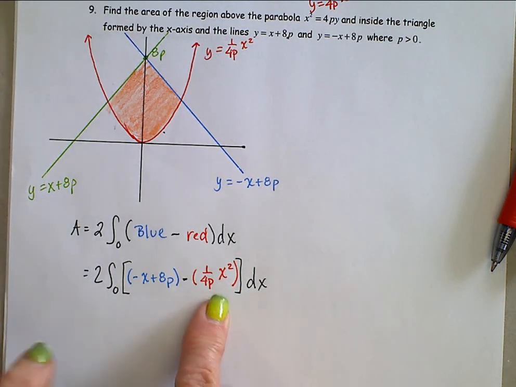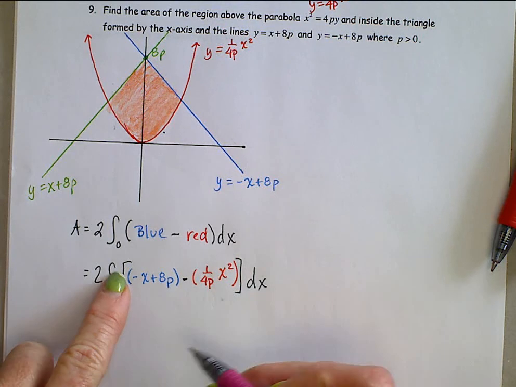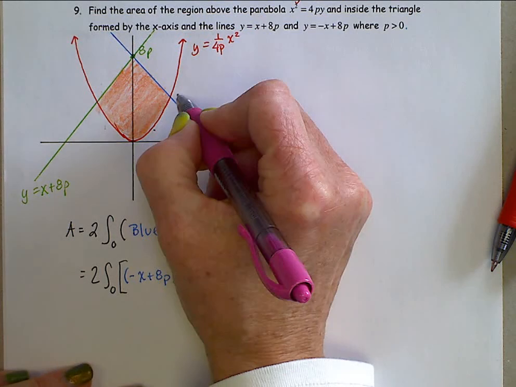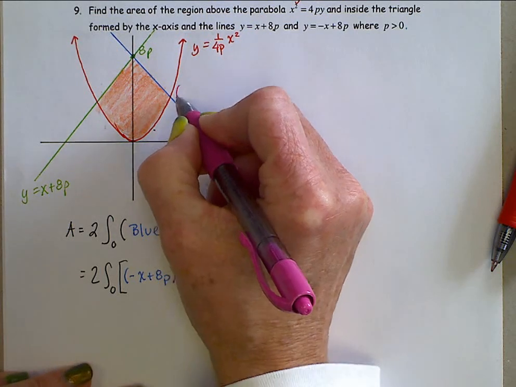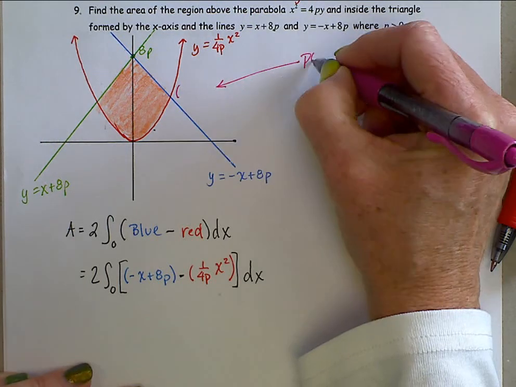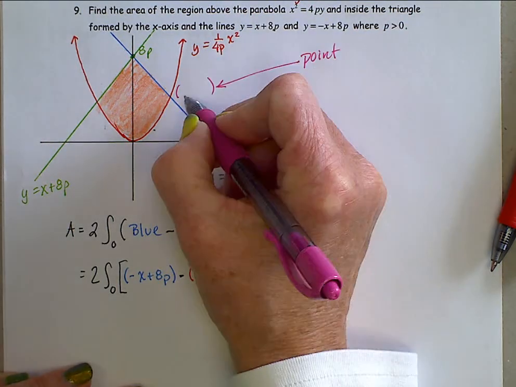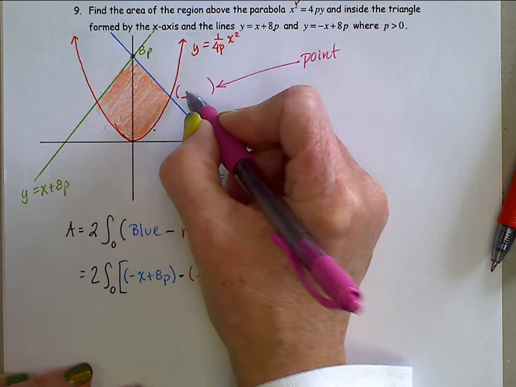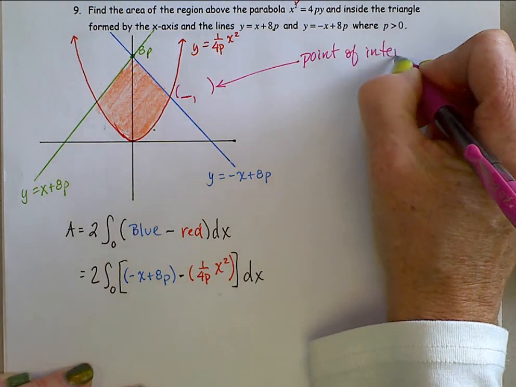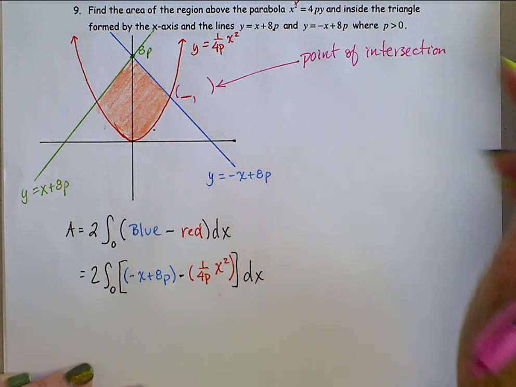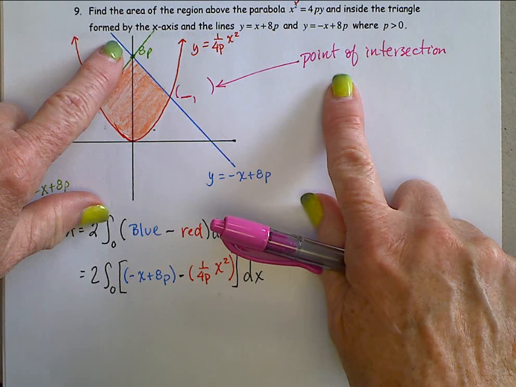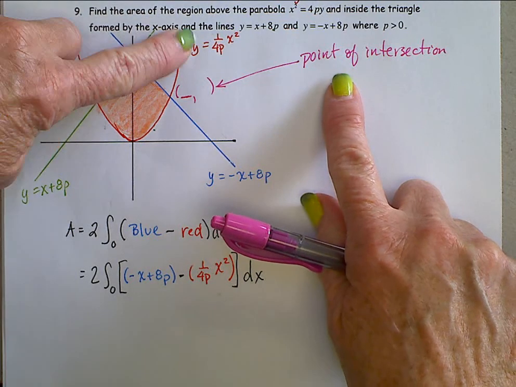We do have an issue right here because we don't know that upper bound. That upper bound is going to be the x coordinate at this point of intersection. We need to find that x coordinate. That point of intersection is where this blue line meets that red parabola.